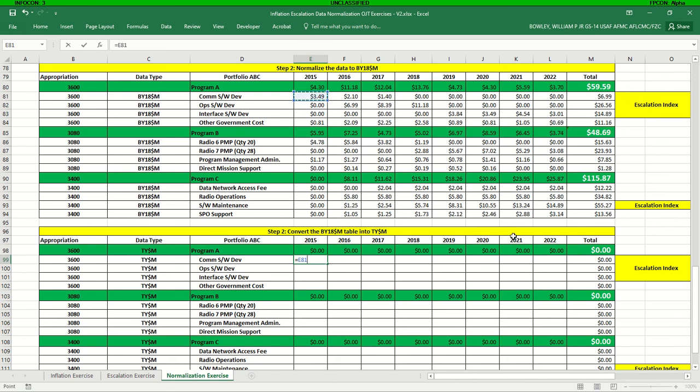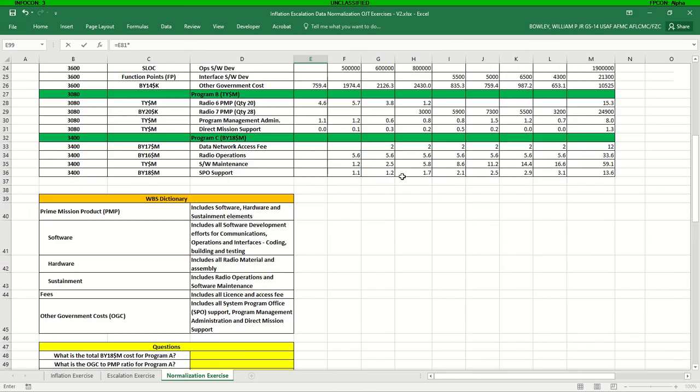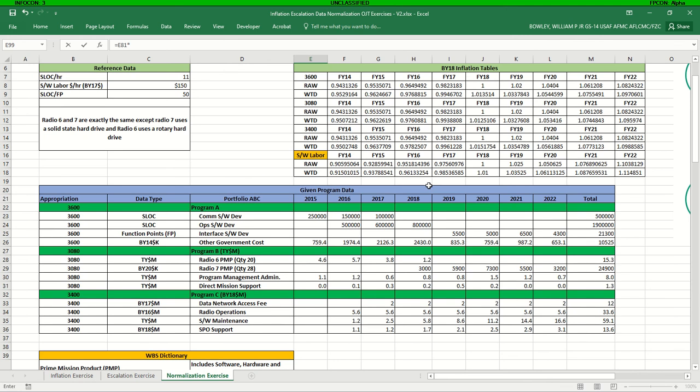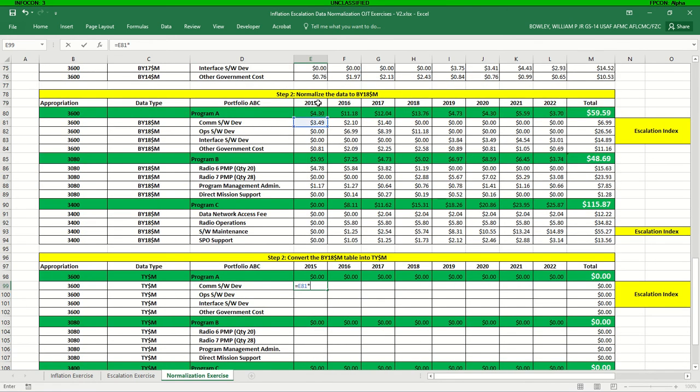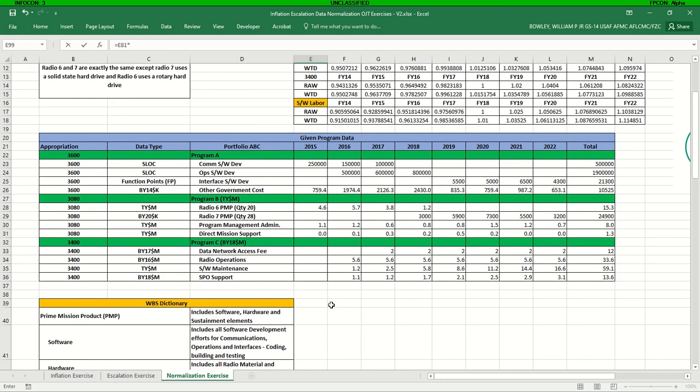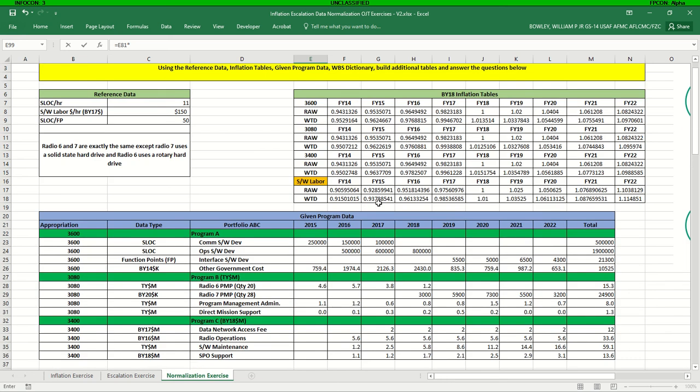So we're going to multiply by, since we're going from the base year of the index table to then year, we're multiplying by the weighted index, in this case for software labor. And we're starting, again, it's important to remember, we're starting in at 2015. So we're going to grab that 2015 rate, not the 2014 rate.